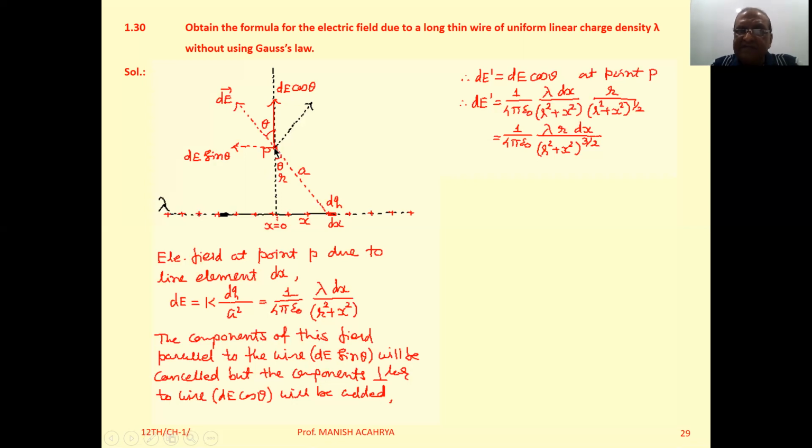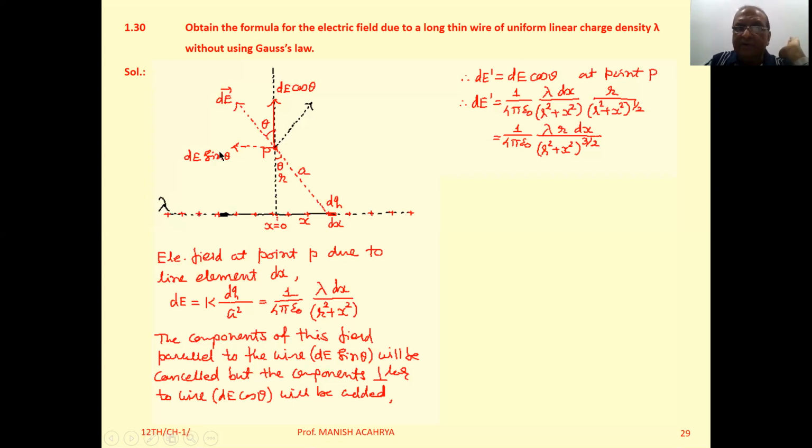Then dE sin theta will be opposite to this first dE sin theta component. It implies that dE sin theta components will be cancelled. dE cos theta, these components perpendicular to the wire in y direction will sustain.